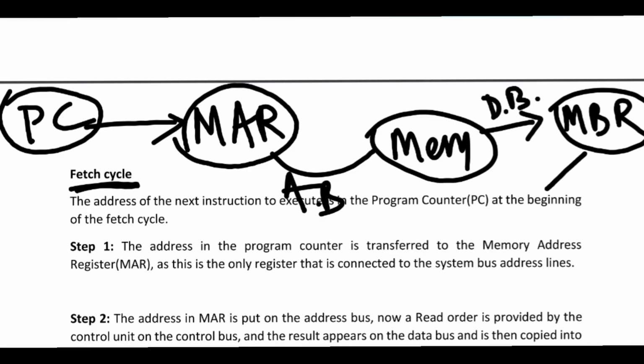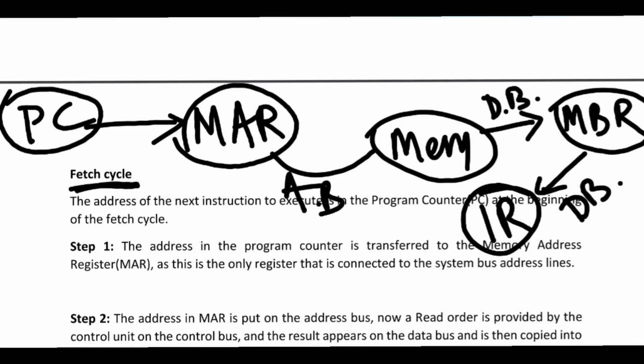Then from the memory buffer register to the instruction register, through the data bus. This is the instruction fetch: how the instruction goes from the program counter to the instruction register. This is all about the fetch cycle.